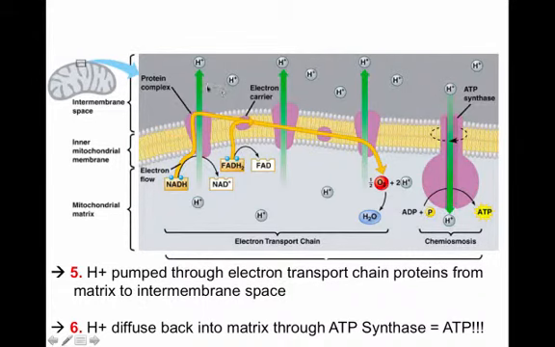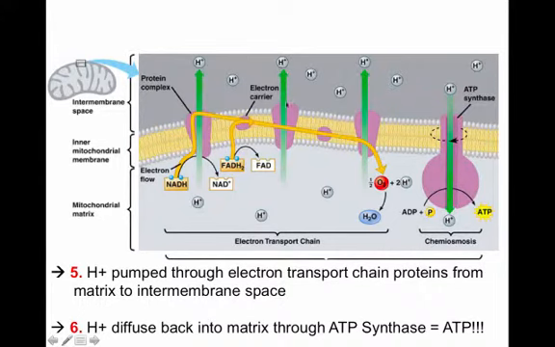Those hydrogen ions are positively charged. The fat in this membrane does not like this polar, water-like molecule. So these hydrogen ions cannot easily diffuse through the membrane.